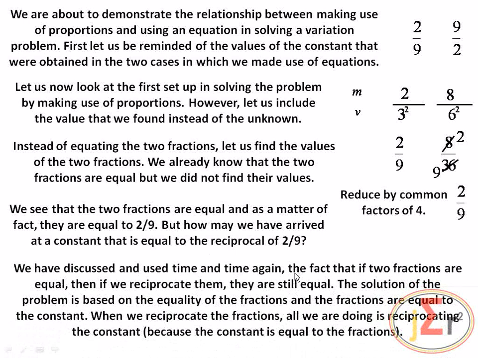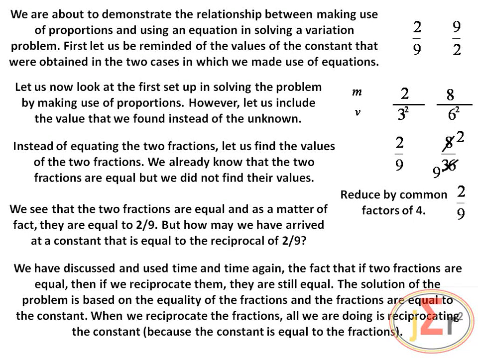We have discussed and used time and time again the fact that if two fractions are equal, then if we reciprocate them, they are still equal. The solution of the problem is based on the equality of the fractions, and the fractions are equal to the constant.